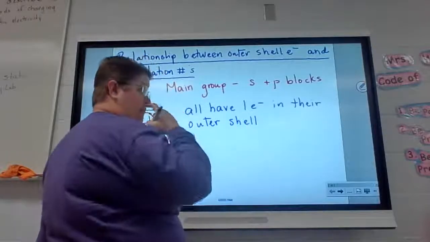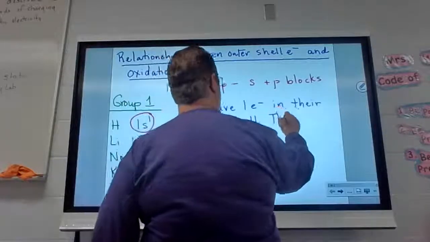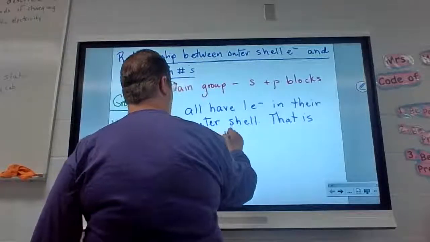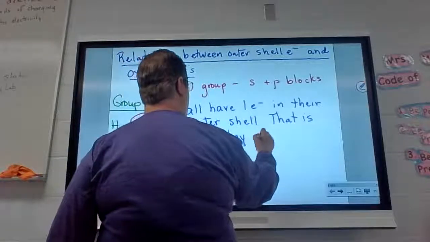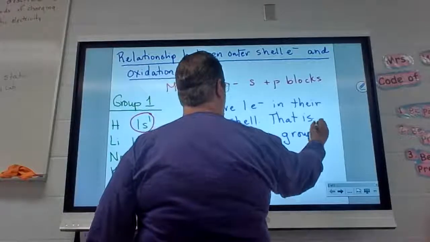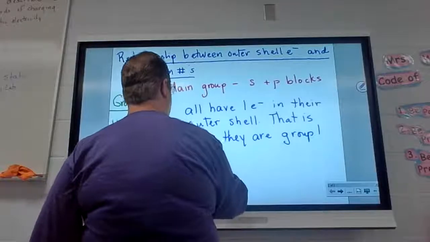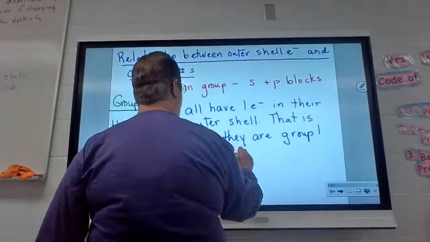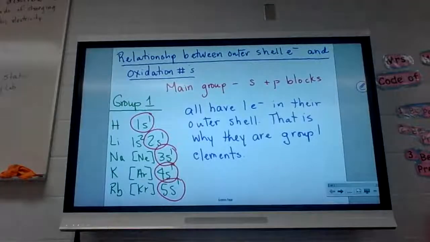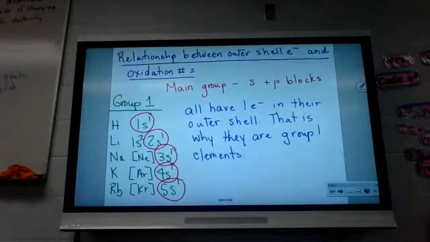Okay, now that is why they are group 1 elements. Now, people ask all the time, why is hydrogen, which is a gas, in group 1?